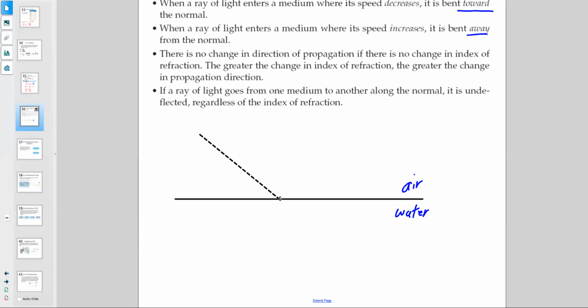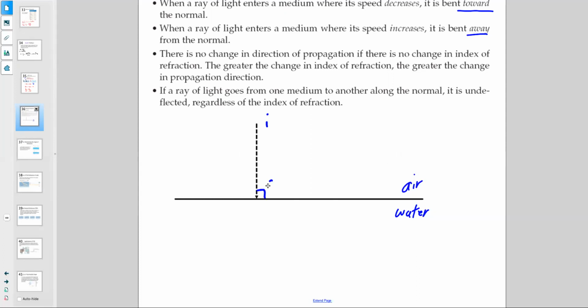But this incident ray is directly along the normal line. This is the incident ray I, but it is in fact along the normal line.